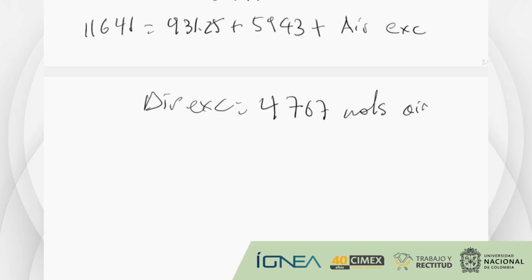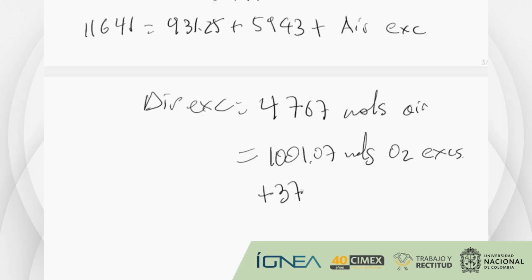Air excess is the same as 1,107 moles of oxygen in excess, and plus 3,765.93 moles of nitrogen.